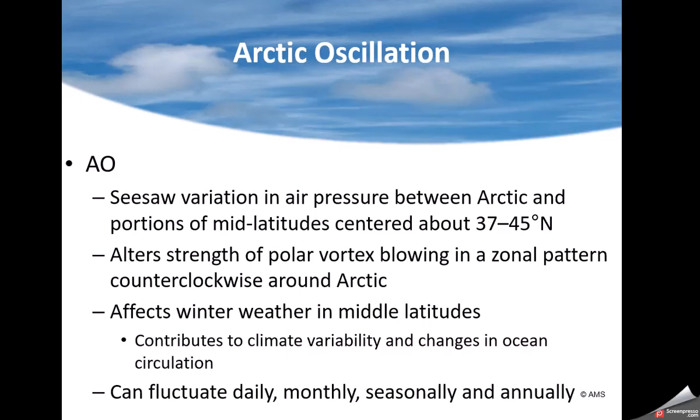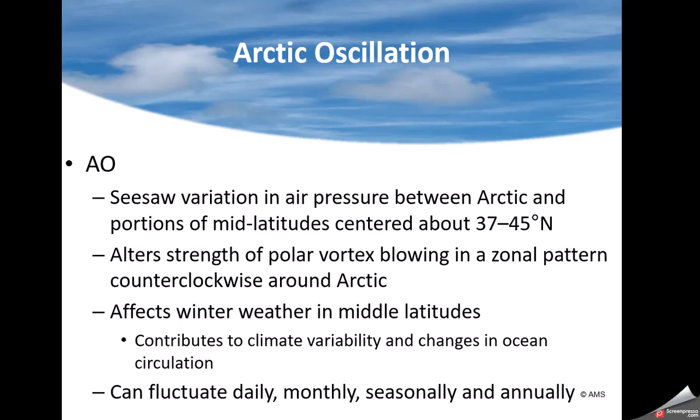The Arctic oscillation is another one. In the wintertime, you have a very strong polar vortex that sets up. The stronger that polar vortex is, the more positive the Arctic oscillation is. And the cold air is trapped up in the extreme north. It doesn't allow you to get that extreme Arctic air down south into the United States.